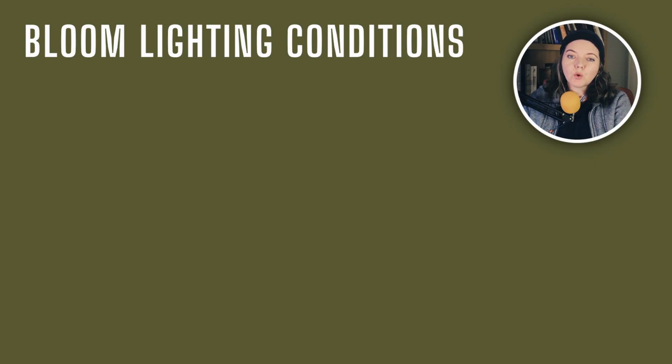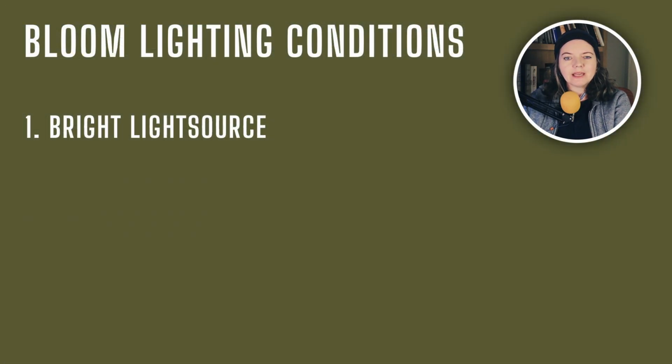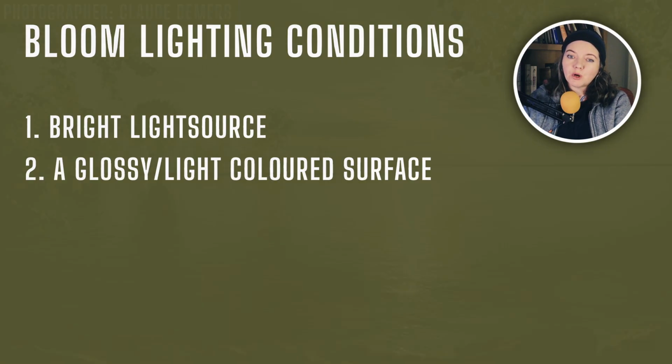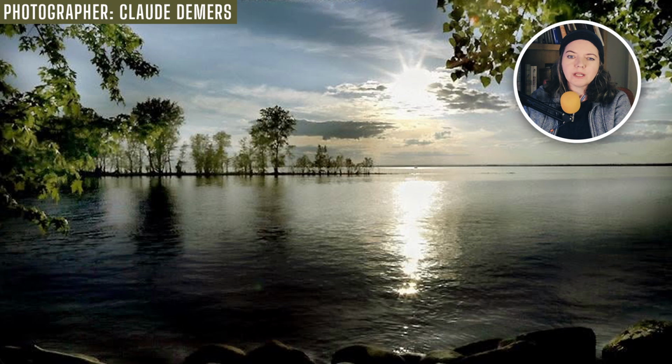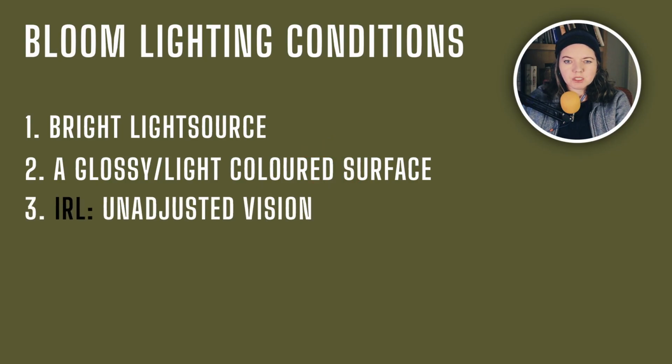The conditions required for bloom lighting are a bright light source like this, and/or something reflecting said light source, like the metal cars in the parking lot, or something wet and glossy like water, or just light in color like these white clouds. In real life, the bloom occurs because your eyes haven't adjusted quickly enough to the changing light.